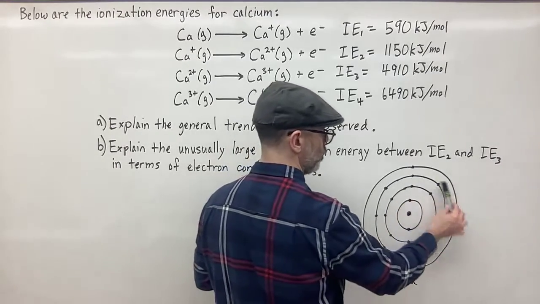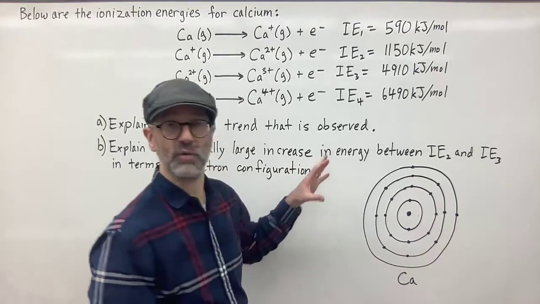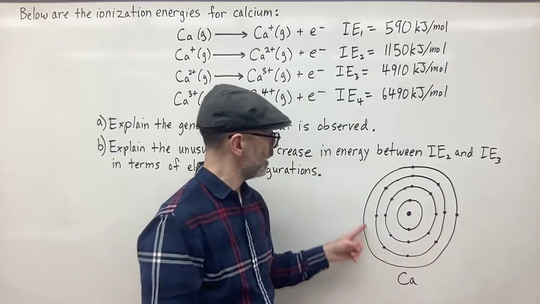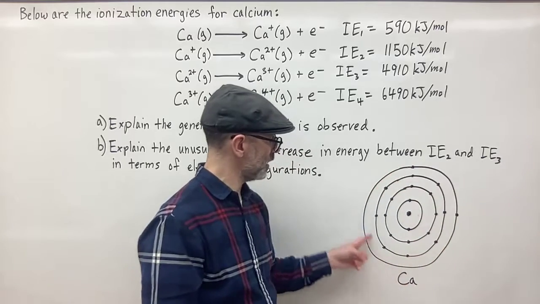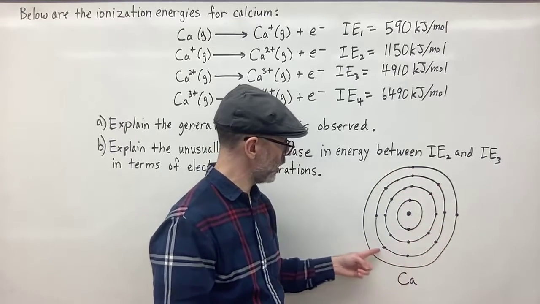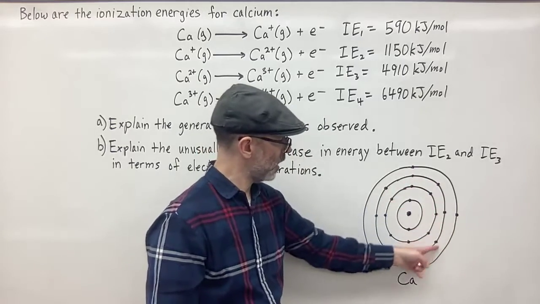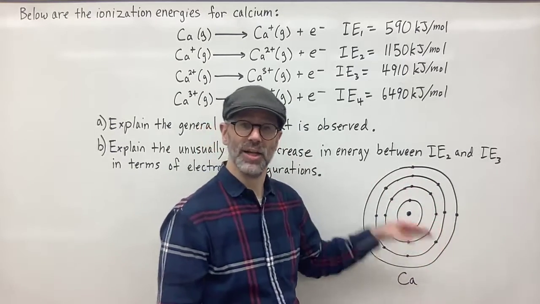Now you're going to go to the next shell, and then you're going to remove the third electron from the next shell. So the easiest electrons are going to be from this shell here, because you've already removed these two. So now you're going to remove electrons from the next shell down.